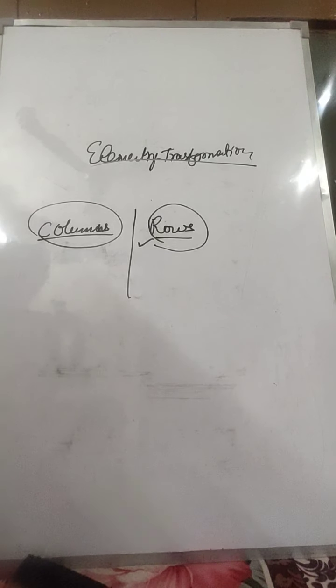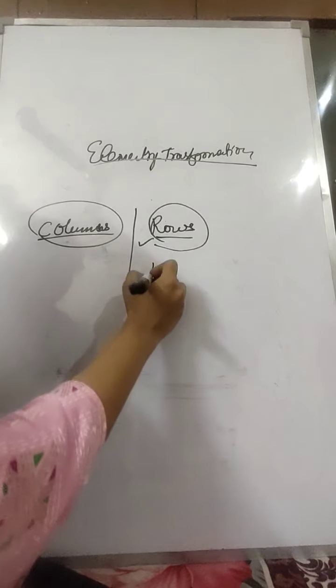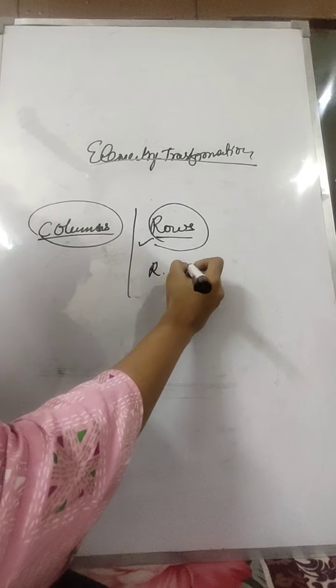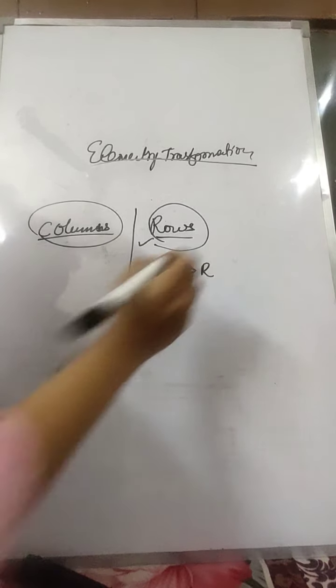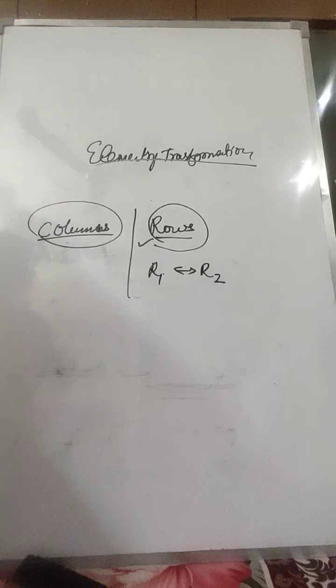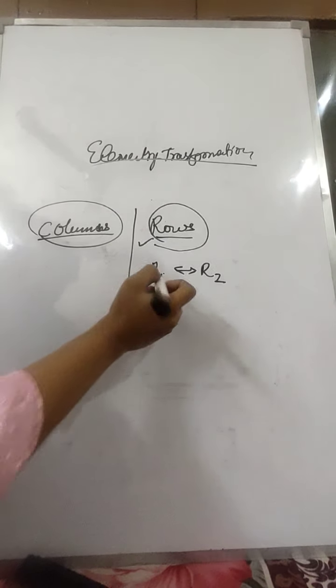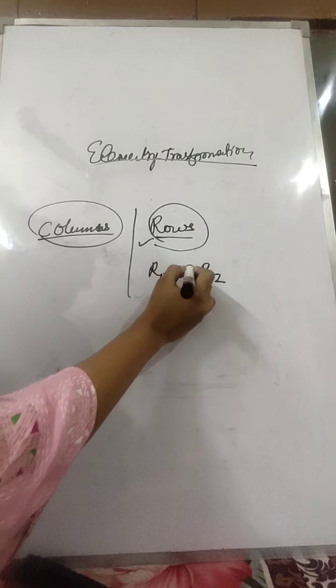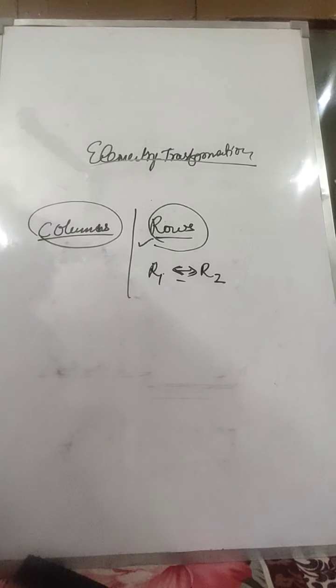There are basically three rules that we are going to follow. For example, a row can be interchanged with a row. For example, row 1 can be interchanged with row 2, and row 3 similarly with rows 1 and 2 respectively. Okay, so this sign is said to be the interchange sign.